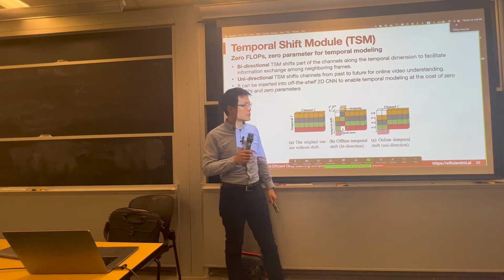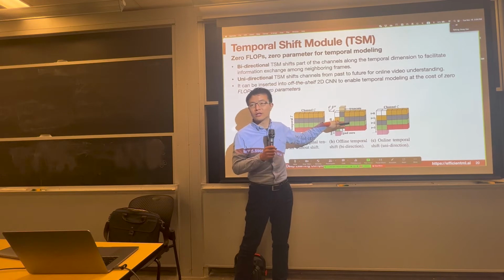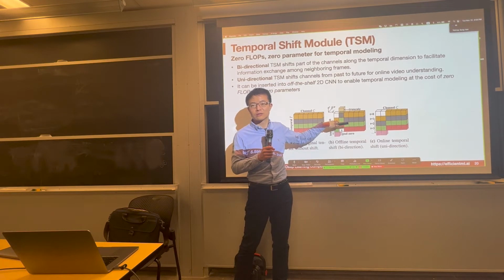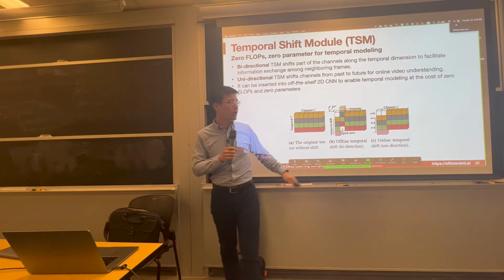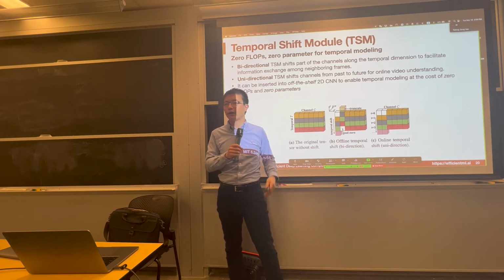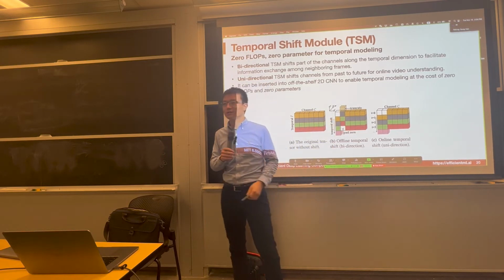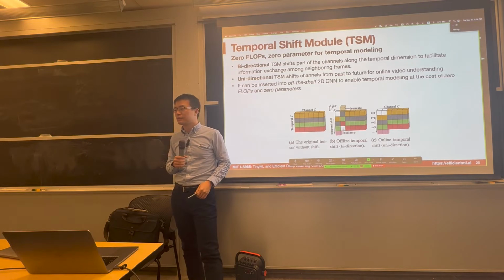Okay, so why are we only moving 1 out of 6 channels here? Can we move more channels? What are the pros and cons here? We shift a small amount of channels versus can we just shift all the channels? Yeah, exactly.